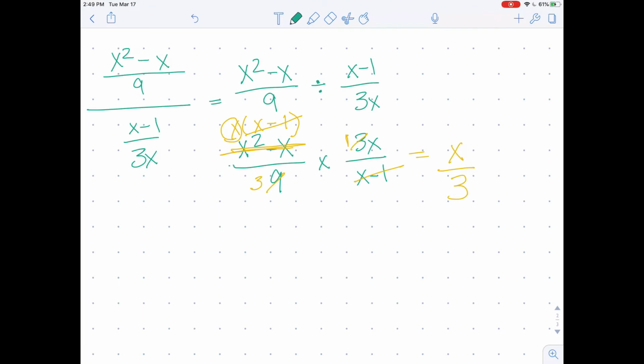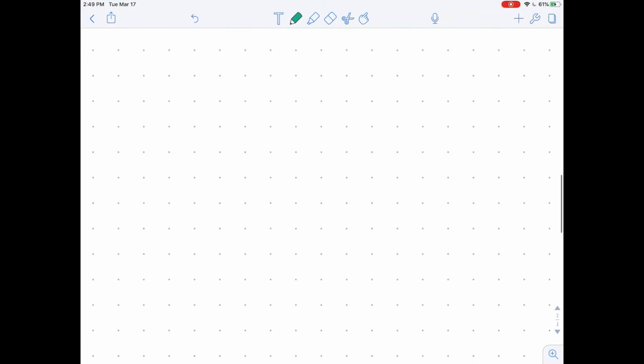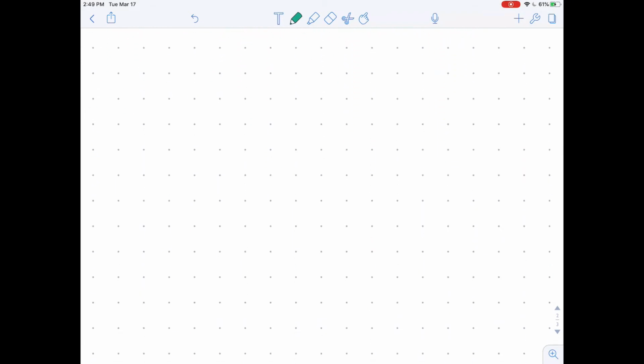Okay, so this last example is combining fractions. So if we have 1 over x divided by 1 minus 1 over x. I know it's freaking you out a little bit because these are not both just one fraction.